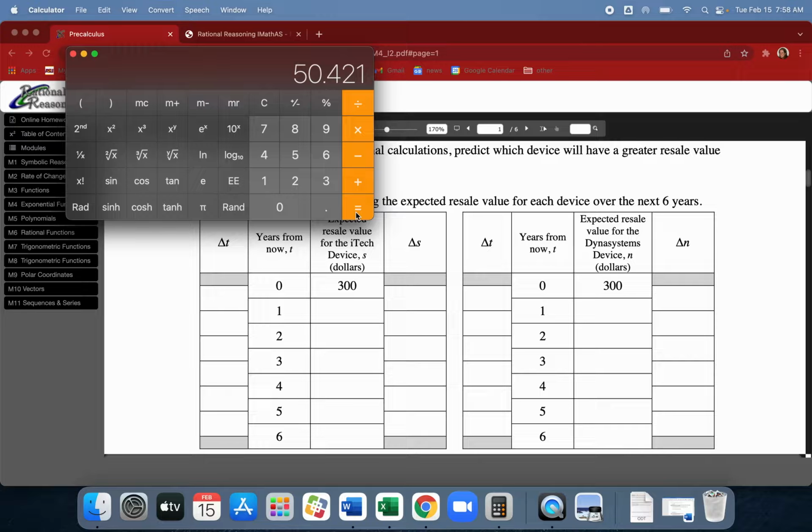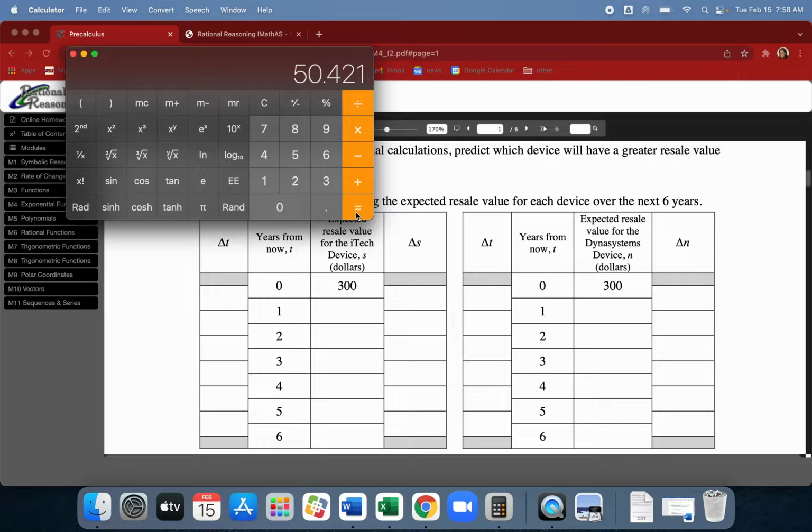So it was $90, then $63, then I don't even know, smaller and smaller amounts of dollars as we go down this table.